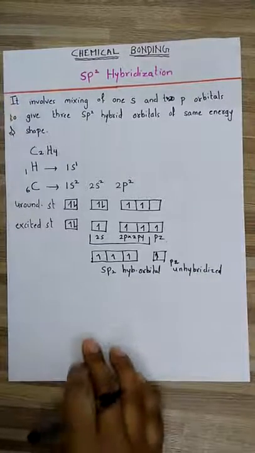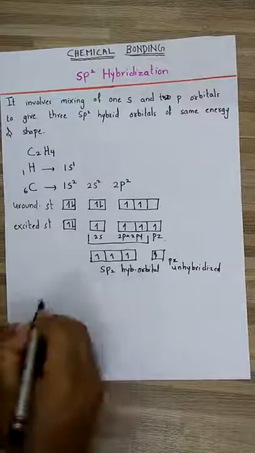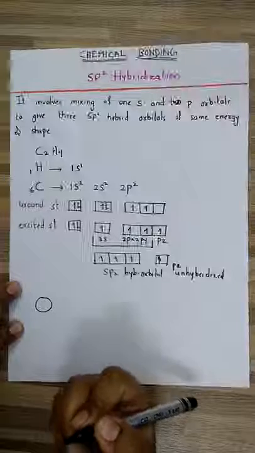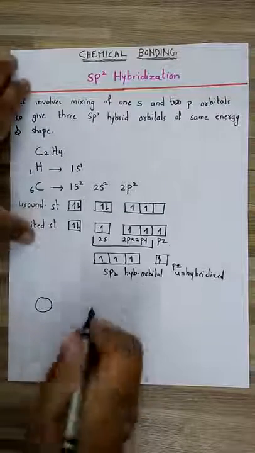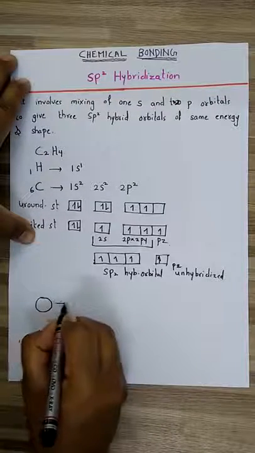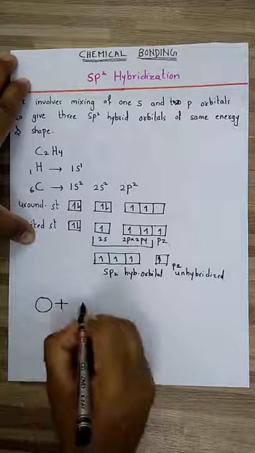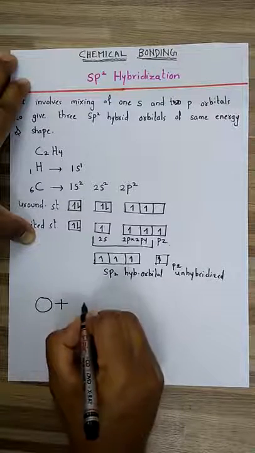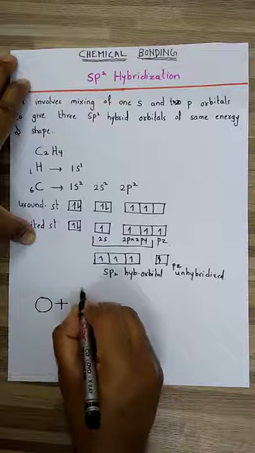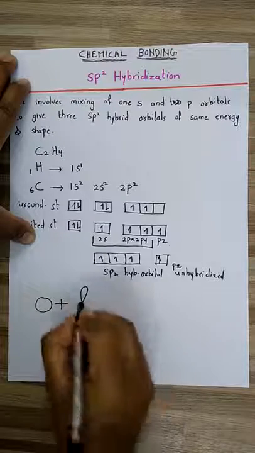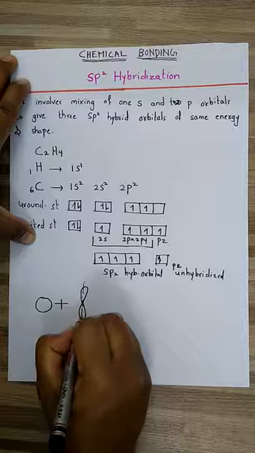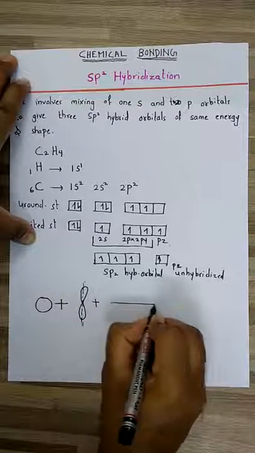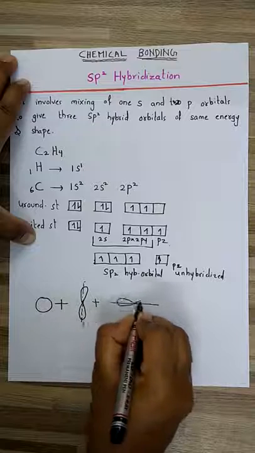It means what is happening here? We had a spherical s orbital, and this spherical s orbital is undergoing mixing and recasting with px and py. This is your px orbital, this is your py orbital.